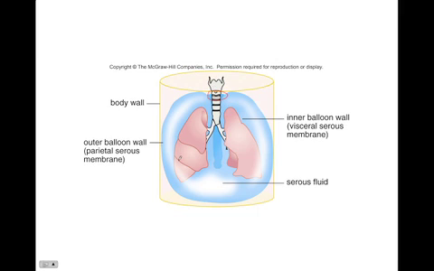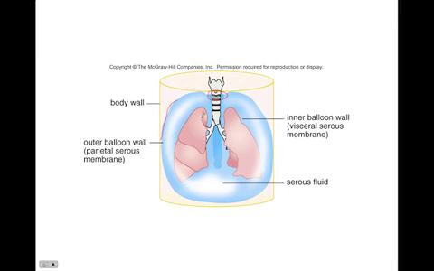Now the lungs are covered by a layer of balloon, and they're pressing another layer of balloon up against the outside of the space that's outlined in yellow. So now we have two layers of membrane, one layer over the organ itself, or the visceral organ, and another layer around the outside, around the perimeter.